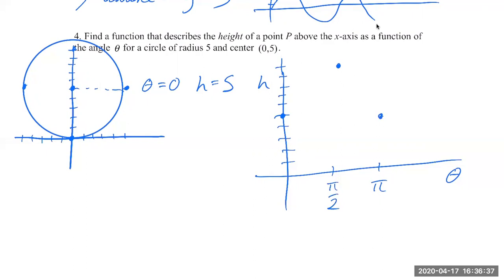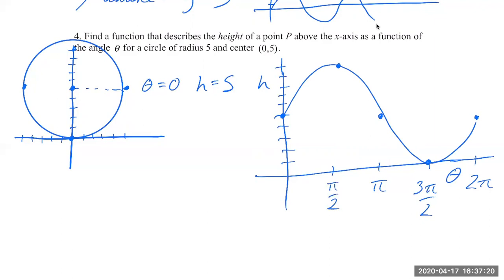And if I move another pi over 2, oh, that's interesting. That actually brings me down to 0. Huh. So at 3 pi over 2, I'm all the way down to there. And then bringing it on home, when I finally get out to 2 pi, I am back up to 5. So if we were to draw this, try and connect it smoothly, oh, voila.